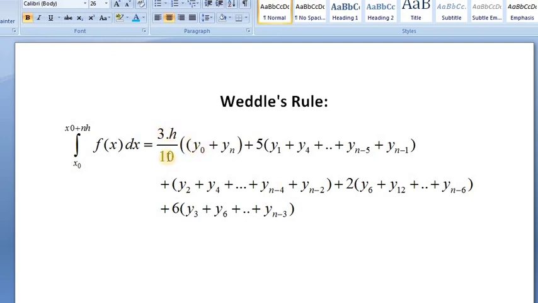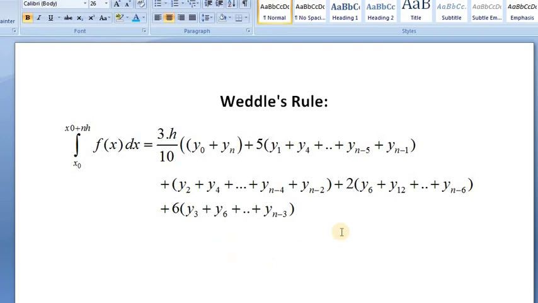So first 3h by 10, then y0 and the final value, the initial and final values of the function, and here 5 times y1, y5. See, y2, y3 are taken separately here. Y3 and y6 are multiples of the function values, with 6 times, and the even multiples of the function values are excluded here.